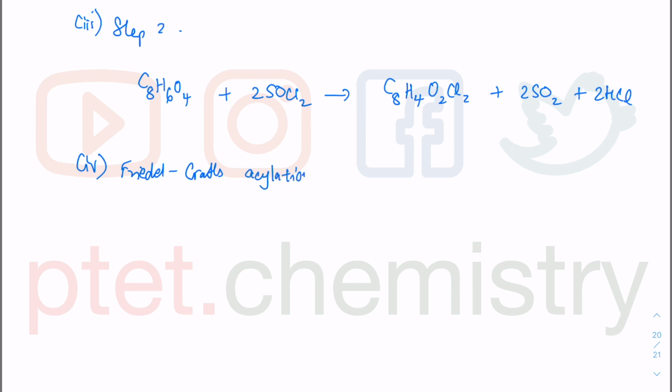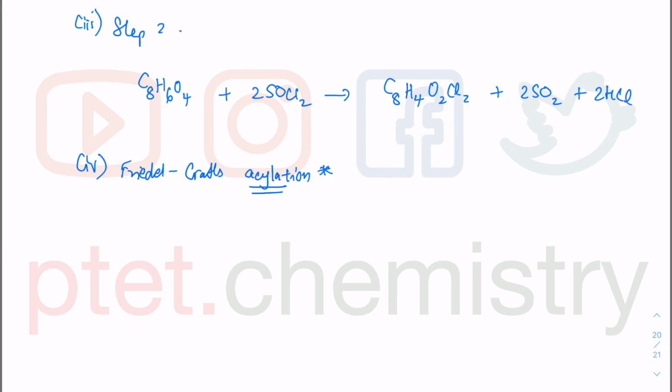acylation because you are introducing the acyl group and your electrophile is an acyl cation. So there is an acyl cation like this because you remove one of the Cl by reacting with AlCl3. Okay, so what is going on is this is reaction 1.